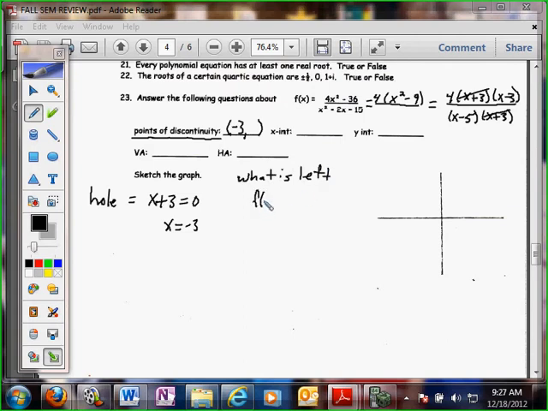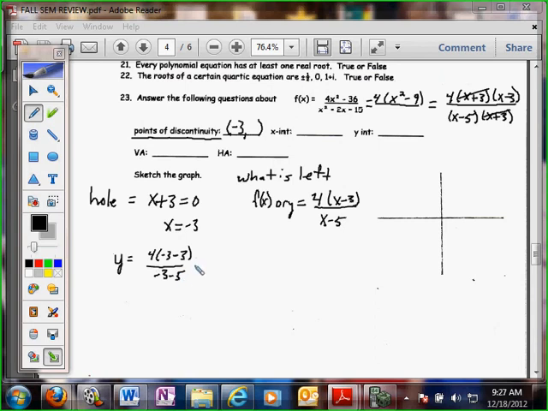So we have f of x, or y, equals 4 times x minus 3 over x minus 5. And to find the y value of the hole, I want to plug in negative 3 for x. y equals 4 times negative 3 minus 3 over negative 3 minus 5.